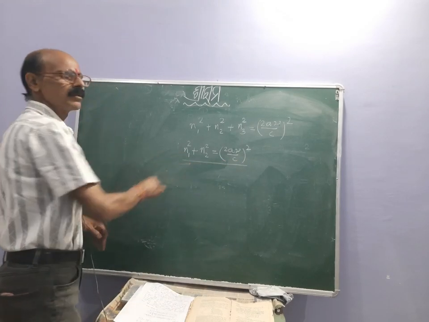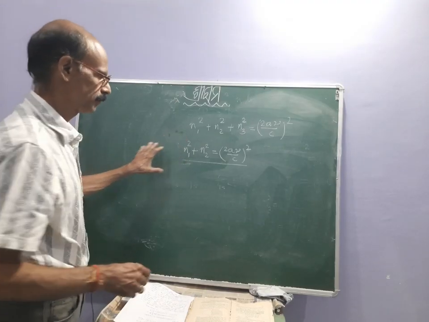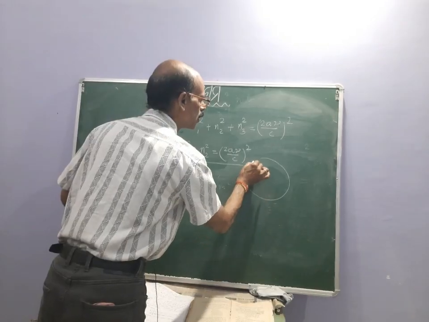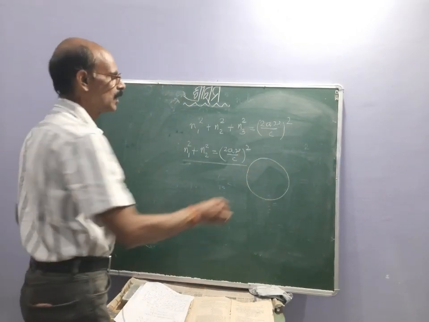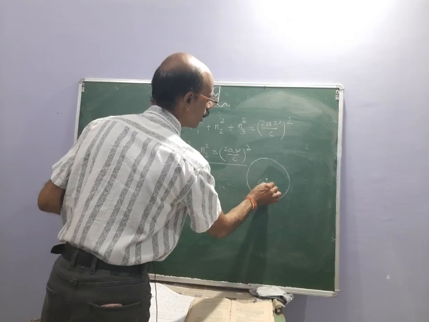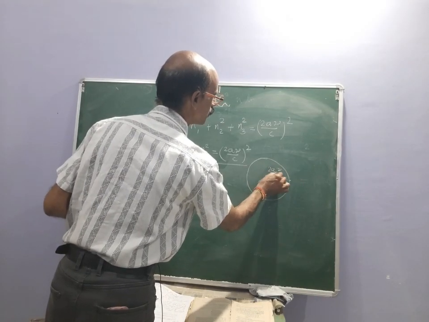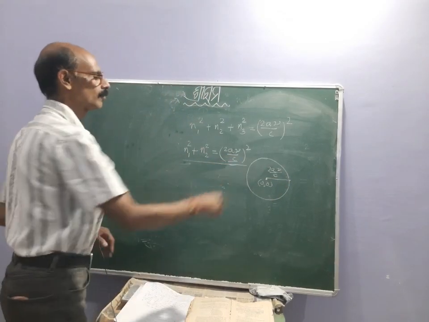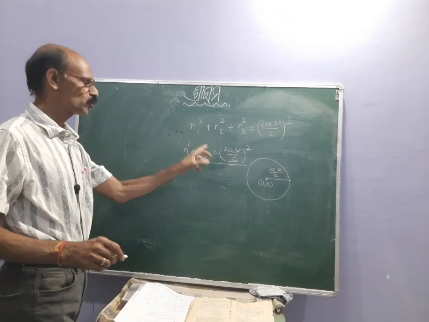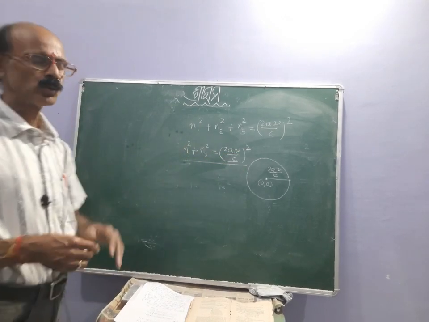Students, it is well known to you that this is the equation of a circle whose radius is 2a nu by c, and center is at the origin: (n1 minus 0) square plus (n2 minus 0) square is equal to (2a nu by c) whole square.